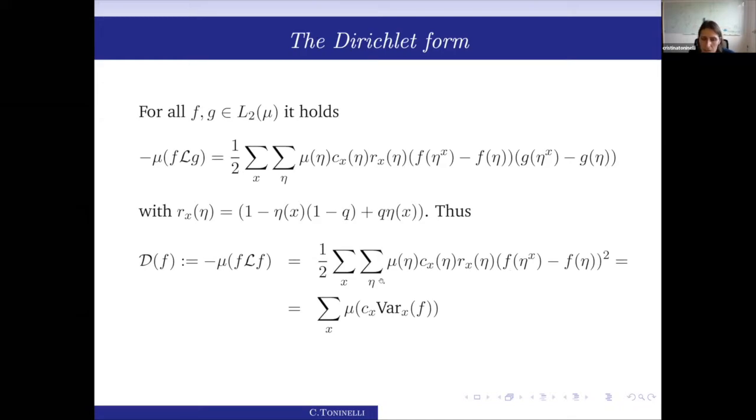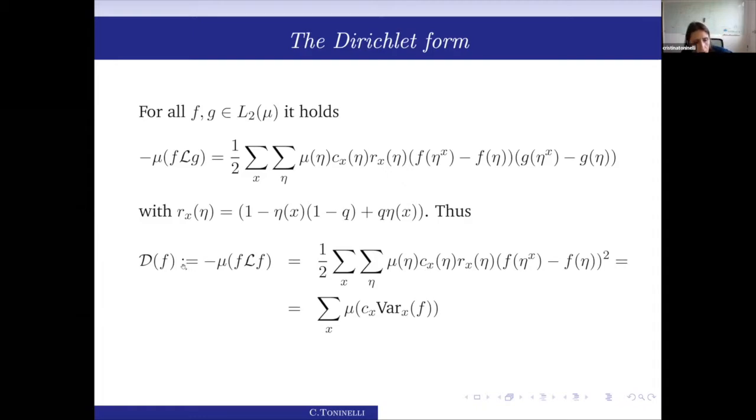Using the formula of the generator, it can be easily seen that it can be rewritten into equivalent forms, which will both be very useful for us. So one is by writing it as the sum over all sites of the mean, with respect to the Bernoulli measure, of the constraint on the given site times the local variance on that site, which is, as we said, a function which depends on all the other variables outside x.